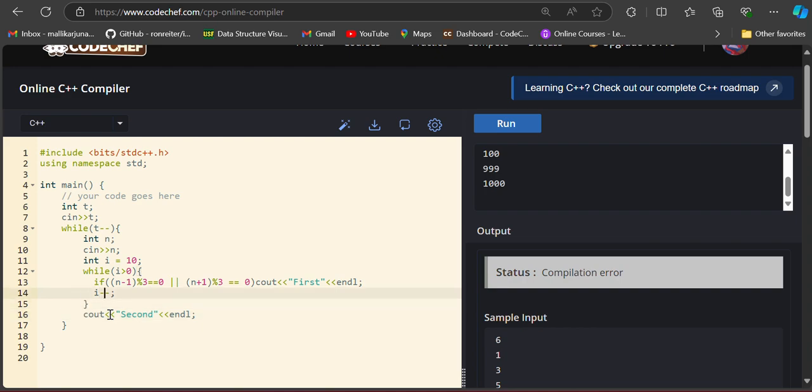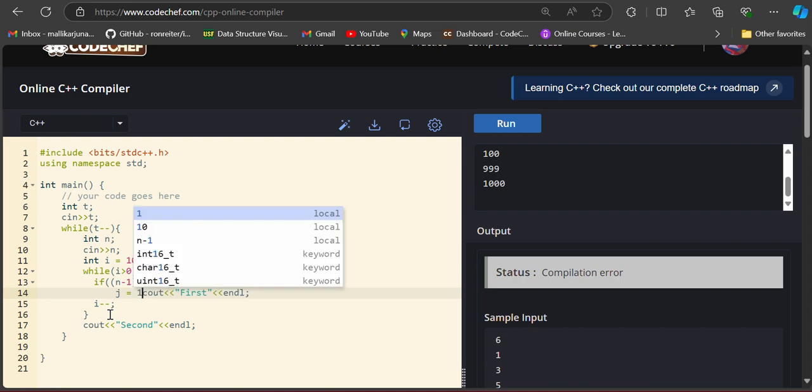I can decrement. Like take j equal to 0 and j equal to 1.